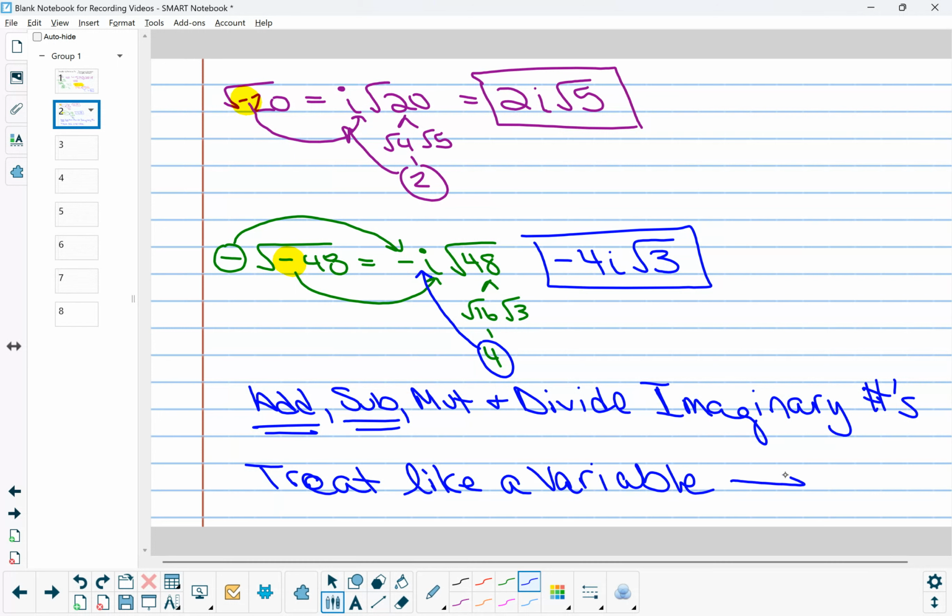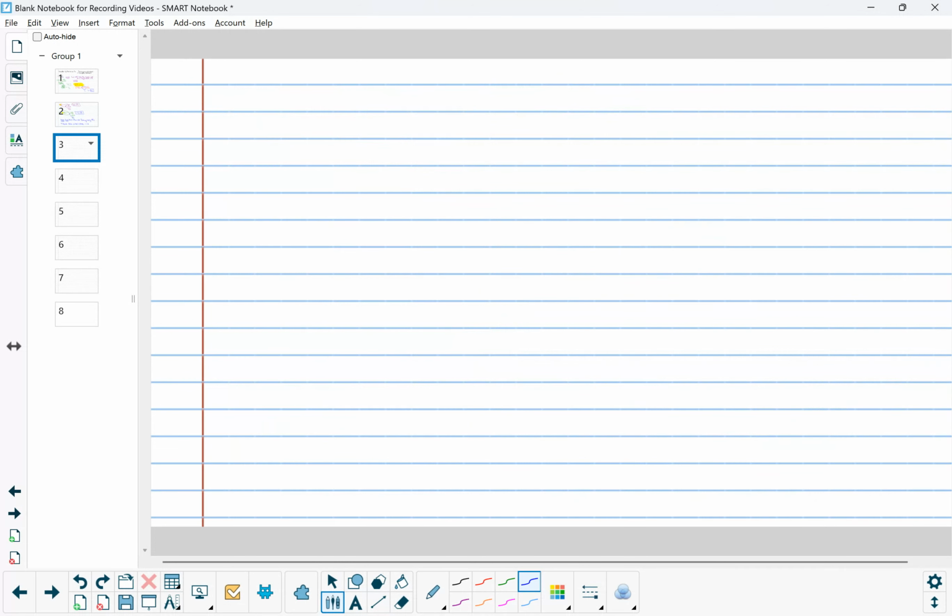We'll go to the next page. For me, you're probably still on the same page. All right, so if I had a problem like 4 plus 4i minus 5 plus 3i, just pretend those are x's, right? And you would distribute this, and you could rewrite this as 4 plus 4i minus 5 minus 3i, and then combine like terms.